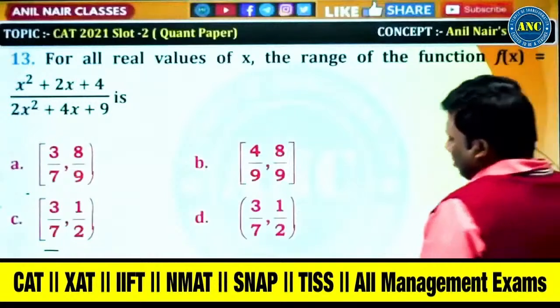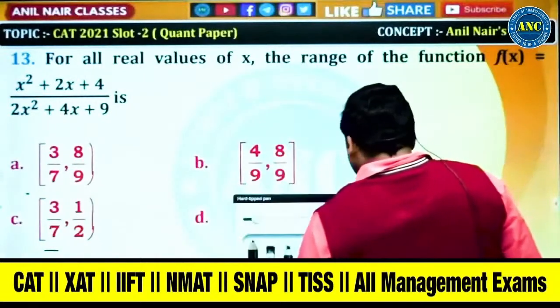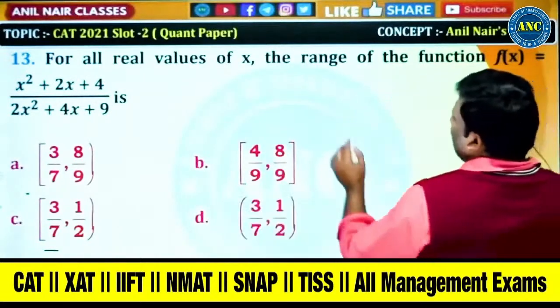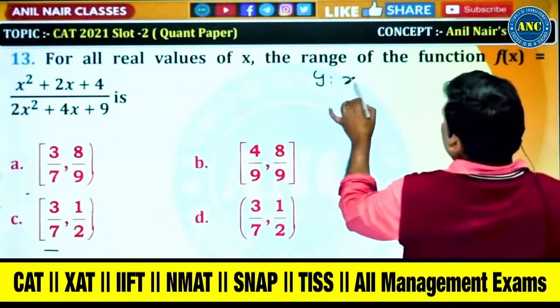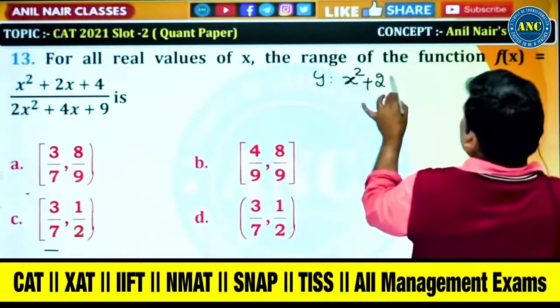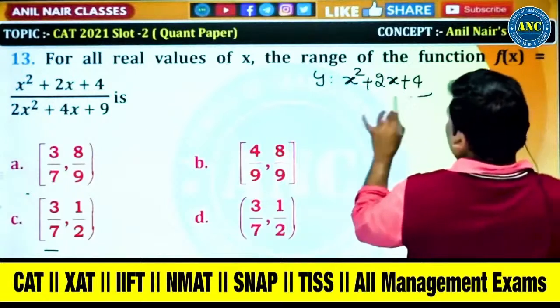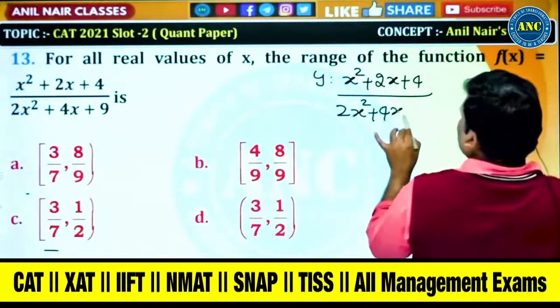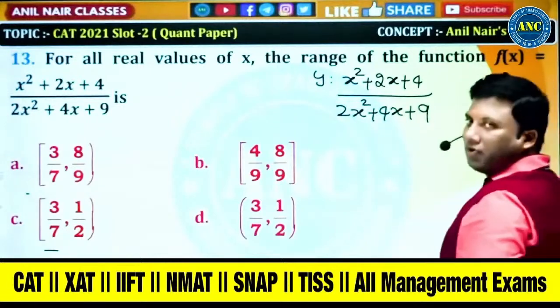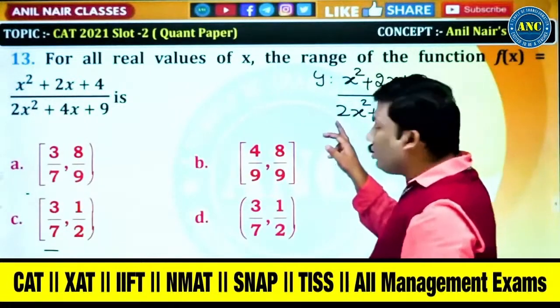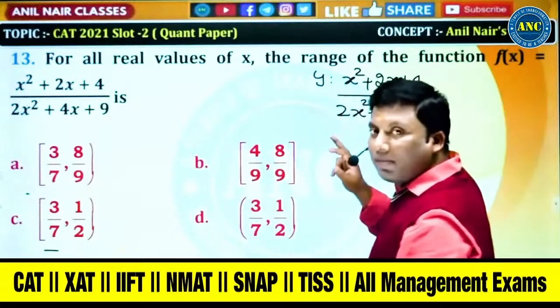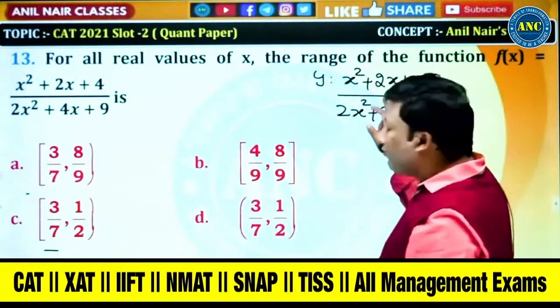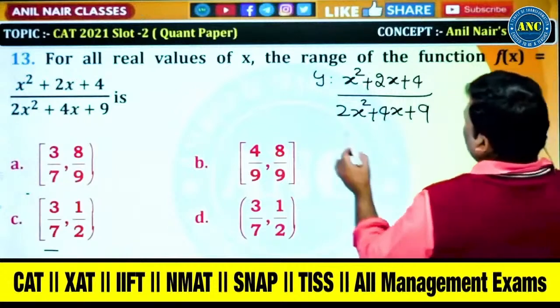This is the question. Question C here. Y is x square plus 2x plus 4 divided by 2x square plus 4x plus 9. The denominator has 2x square, which I can get by multiplying by 2, so 4x in the denominator, and the numerator also gets multiplied by 2.